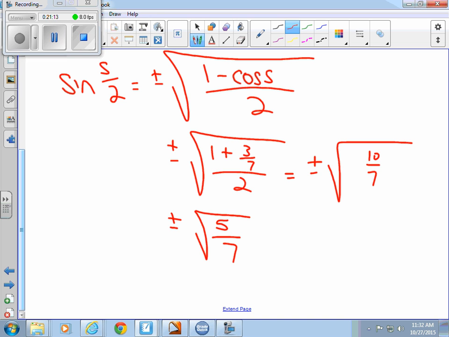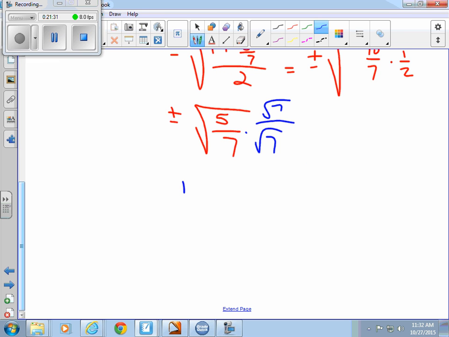Divide by 2, which would be the same as times a half. And so, reducing 10/14ths. You're welcome. I could multiply by the square root of 7 on top and bottom. And so I get the square root of 35 over 7. Any questions so far?